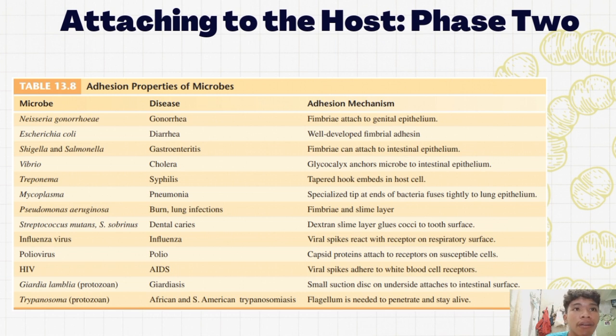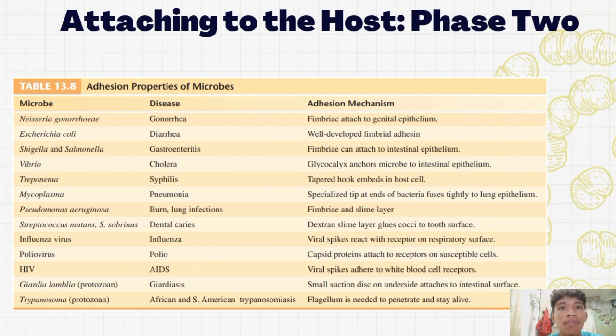We also have the microbe Streptococcus mutans or S. sobrinus. Disease: dental caries. Adhesion mechanism: dextran slime layer glues cocci to tooth surface. Influenza virus, disease: influenza.